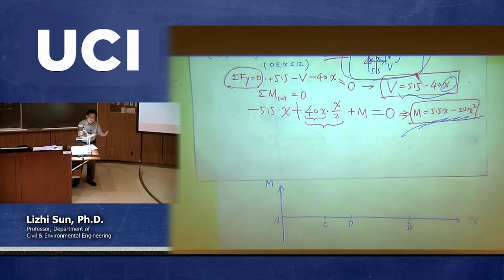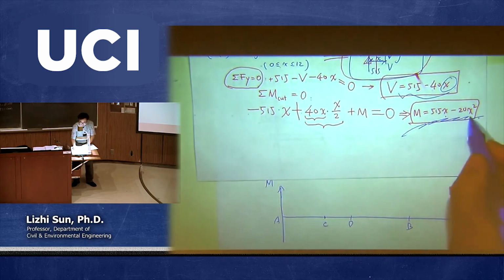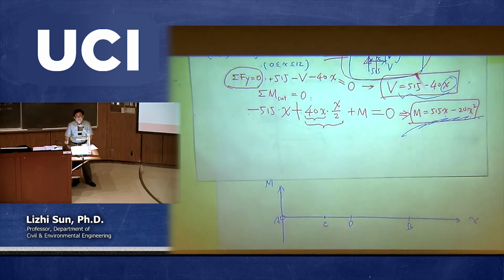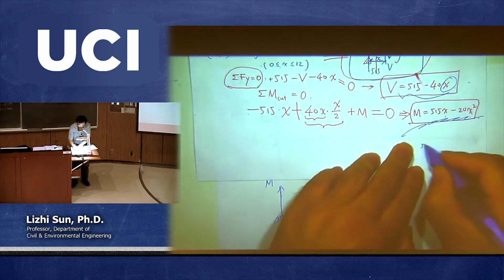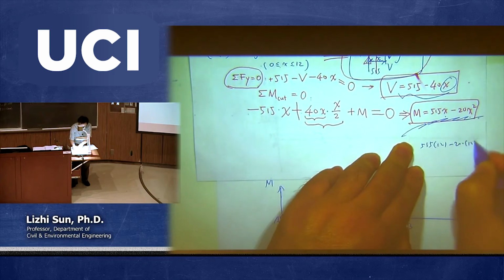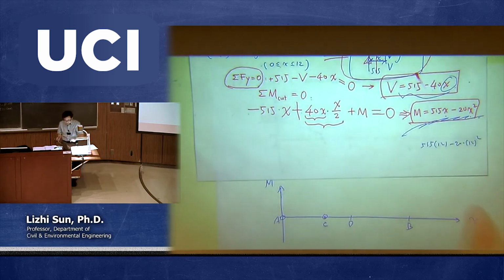So pick 3 points. How am I going to pick 3 points? Typically we pick a point at the very end and then pick another point on the very left. So very left having x equals 0, that means you are starting from 0. And then on the very right, that means point C. Point C is to have x equal to 12. So 515 times 12 minus 20 times 12 squared. You have to punch your calculator to get this number.